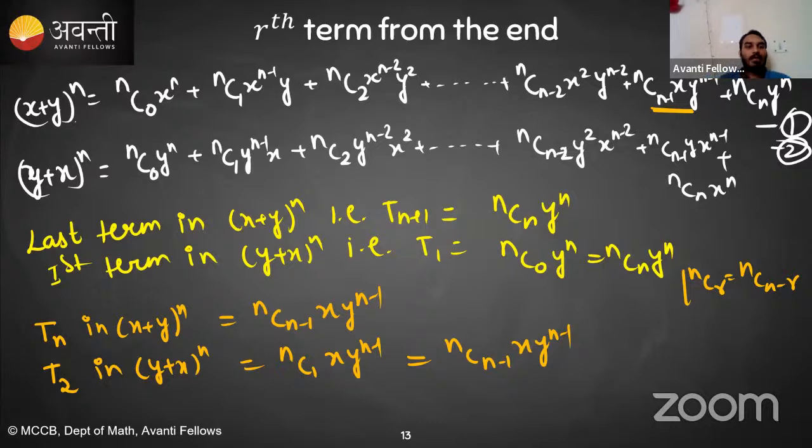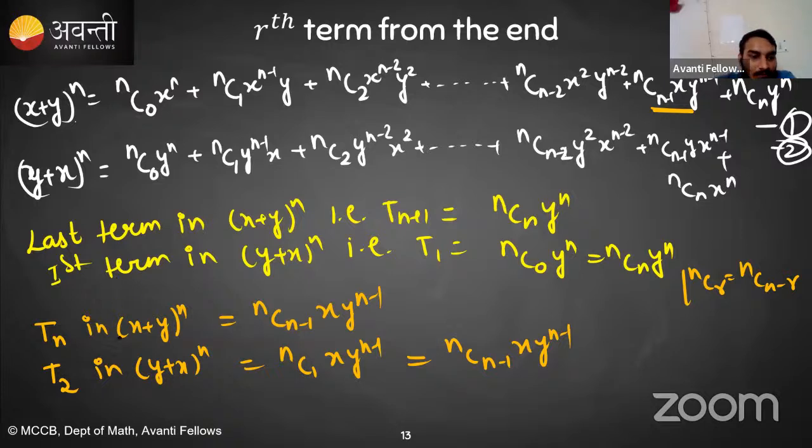So it means the last term in the expansion of (x + y)^n is nothing but the first term in the expansion of (y + x)^n. The second last term in the expansion of (x + y)^n is the second term in the expansion of (y + x)^n, right?